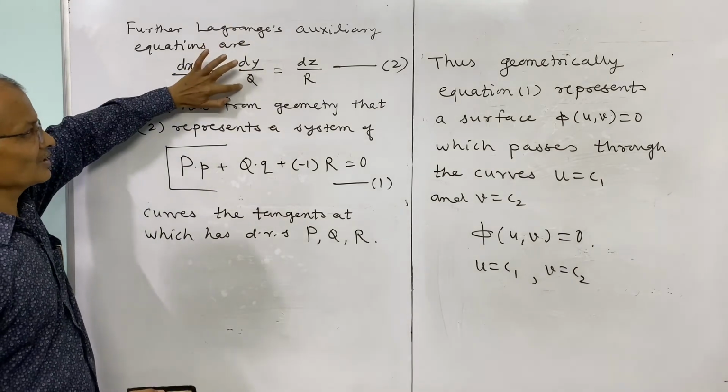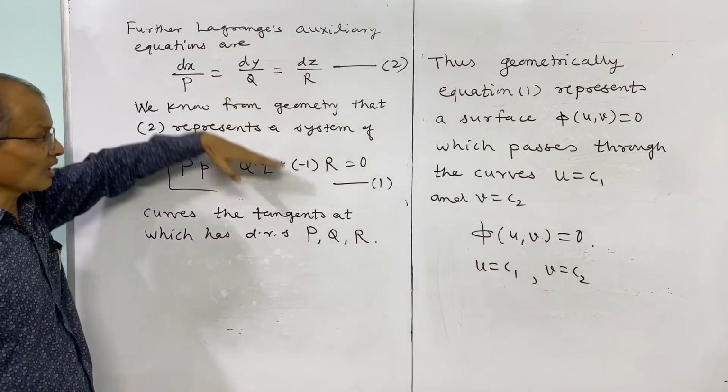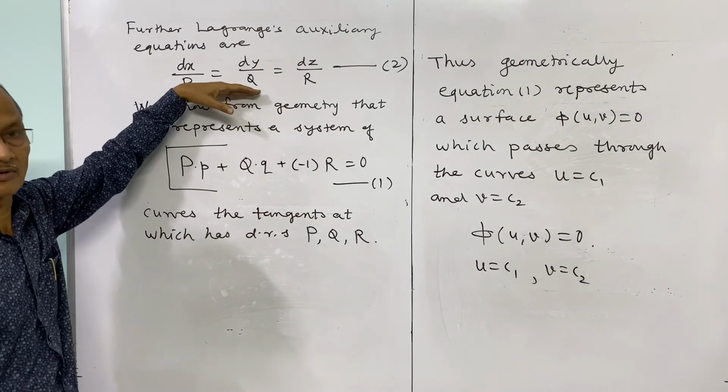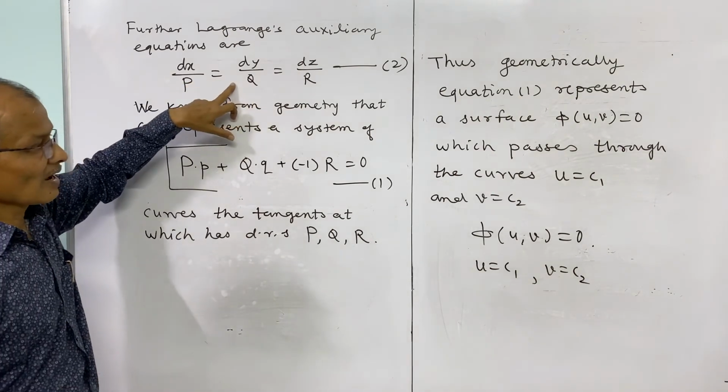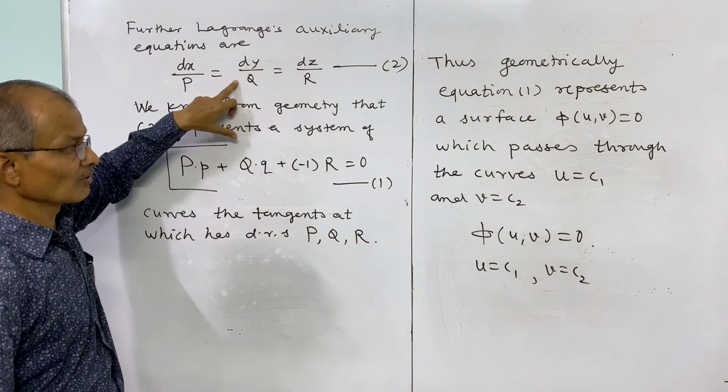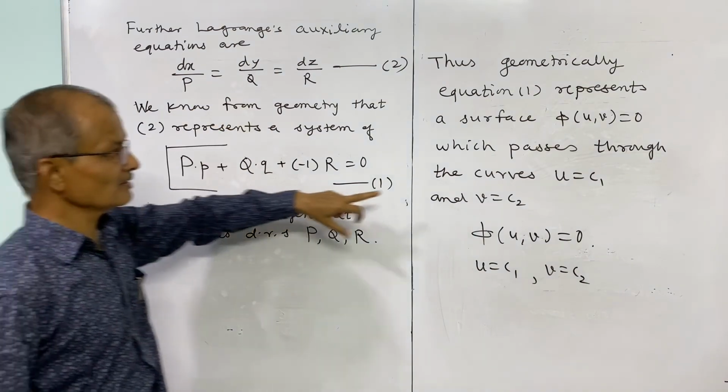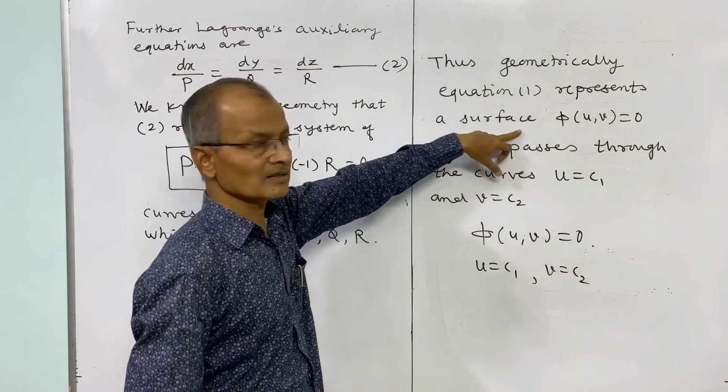And we have solved this equation also. First we have to solve this equation, which we have taken as the auxiliary equation, and its solutions are u is equal to c1, v is equal to c2, and these are the curves on this surface.